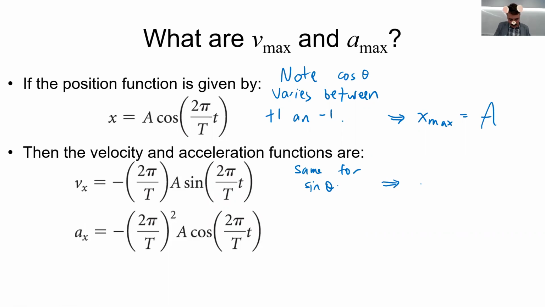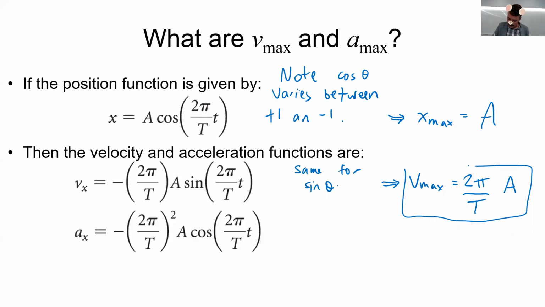So forget about all this stuff, v_max is equal to, and forget about the negative sign because you can go to -1, 2 pi over T times A. That's the maximum speed, and these are useful equations to have. And then for this one, again forget about all the cosine stuff and the negative: a_max is equal to (2 pi over T) squared times A.